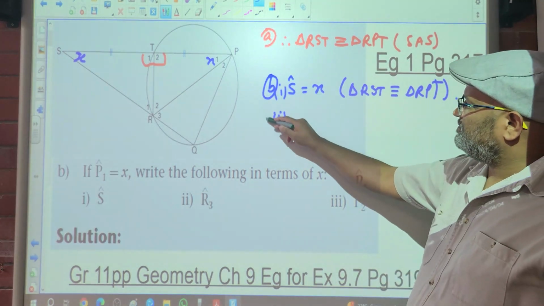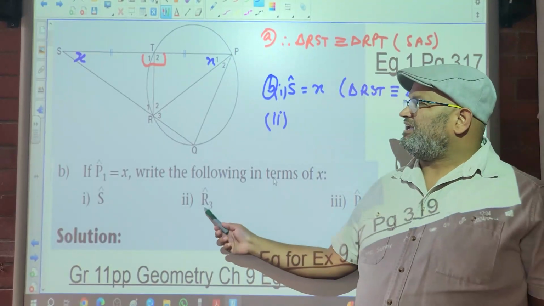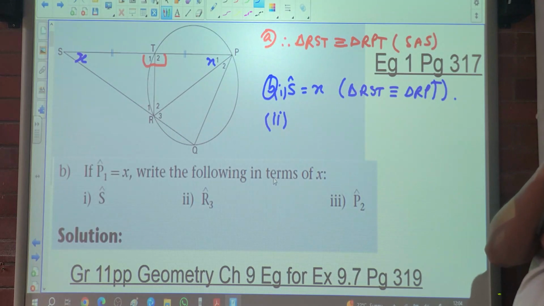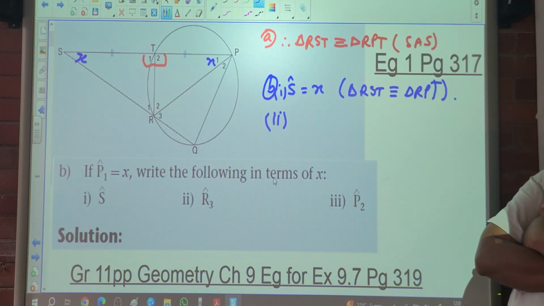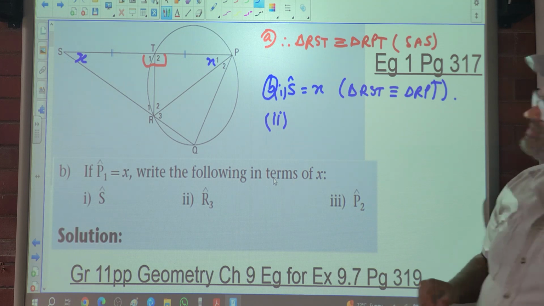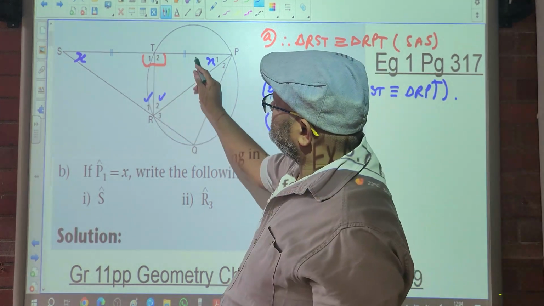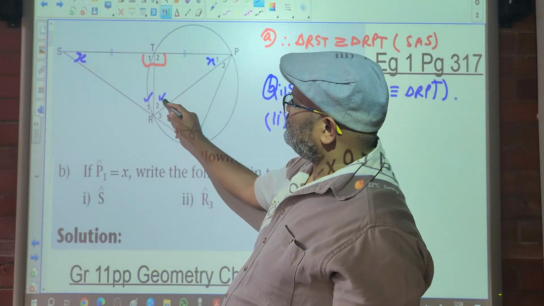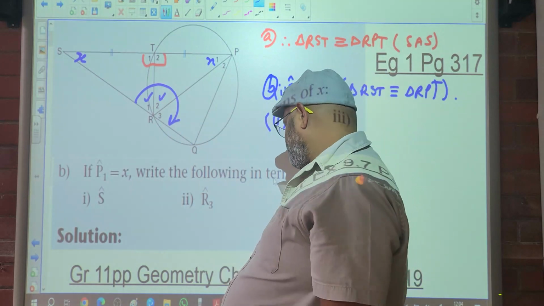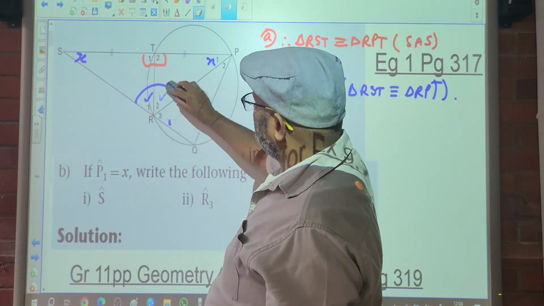Let's look at B2. Angle R3. How do you calculate R3? Yes? Isn't R1 and R2 equal? Yes? Can't you just show them? Good, nice. So R1 and R2, angle in triangle. Then those two are equal. Or again, angle in triangle. Then the angles on a straight line. Yes, absolutely. That's the easier way.